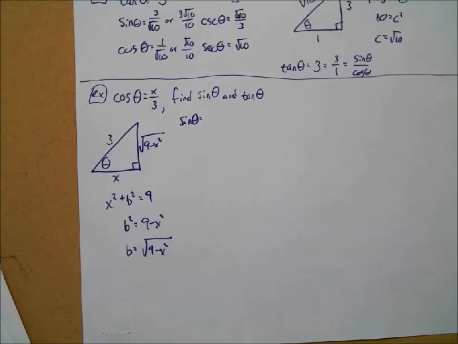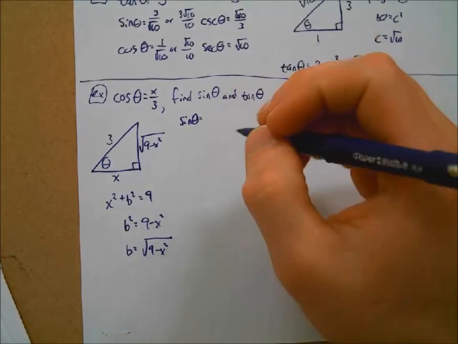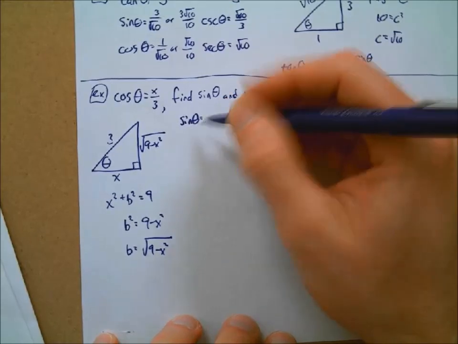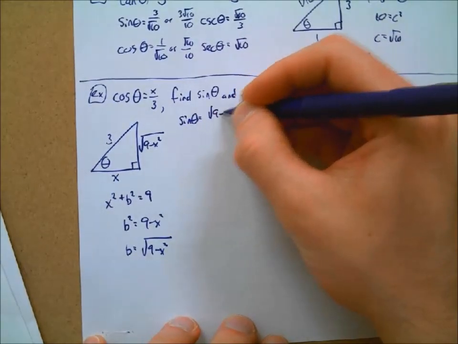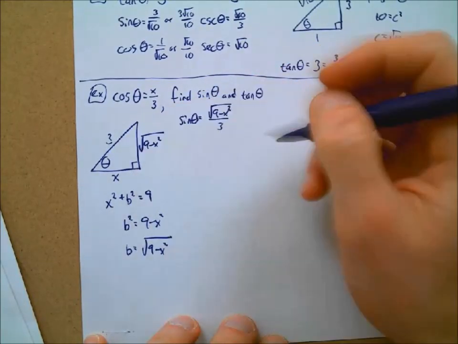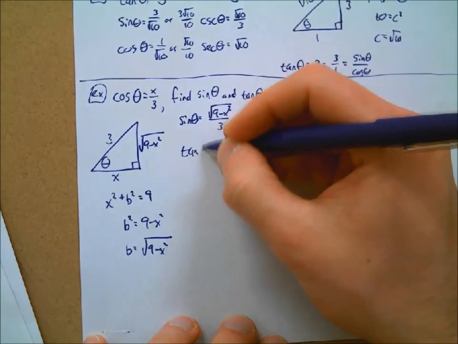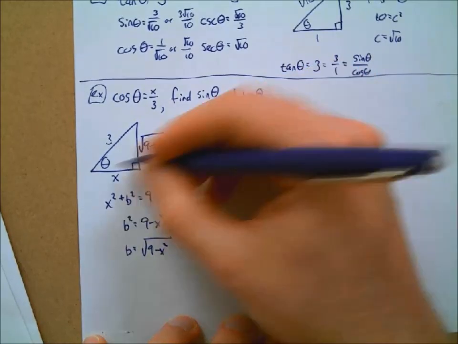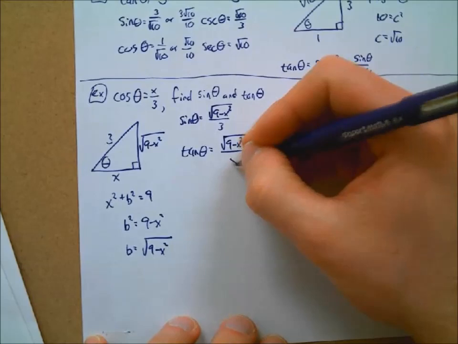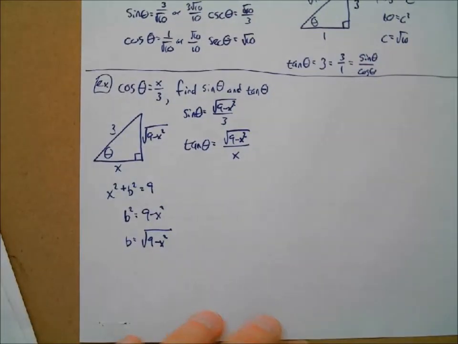And so the sine of theta will equal the square root of 9 minus x squared over 3, opposite over hypotenuse. And the tangent of theta will be the opposite, the square root of 9 minus x squared, over x in this particular case.